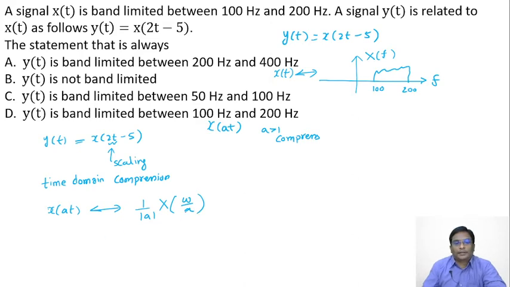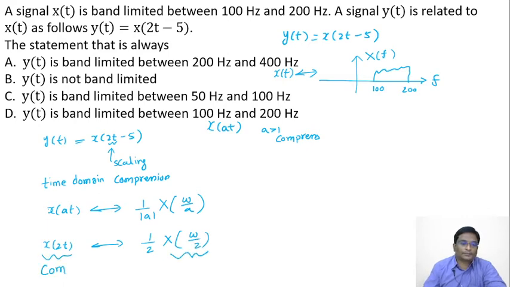Compression in time domain is nothing but expansion in frequency domain. Suppose the signal x of 2t is there, this is 1 by 2 x of omega by 2. Compression here becomes expansion here. Compression by 2 is nothing but expansion by 2.